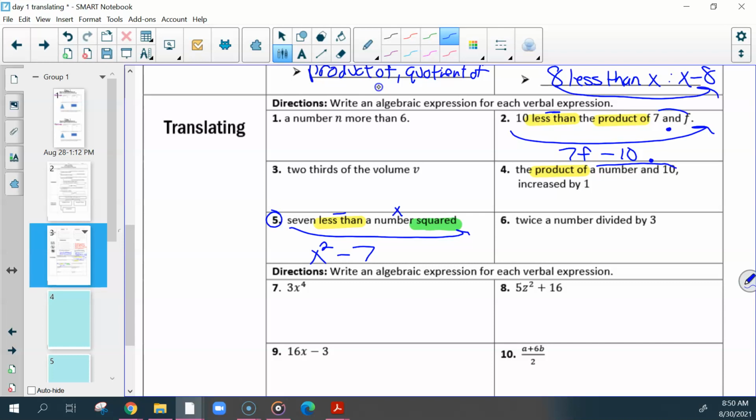Anything else? And that tells us to do what? So we have a product of a number and 10. We need to multiply those two together. And we are increasing it by 1. How would we write this?